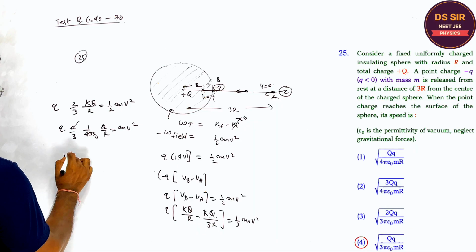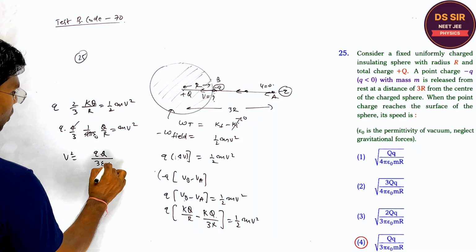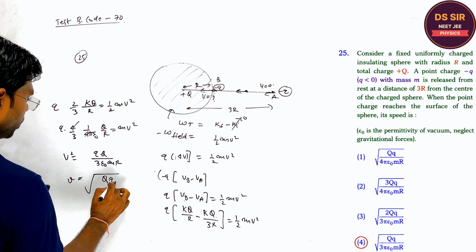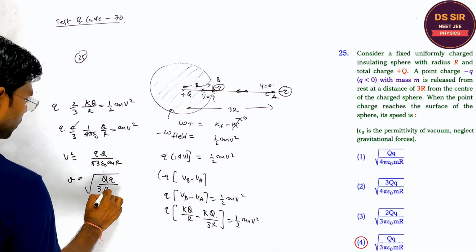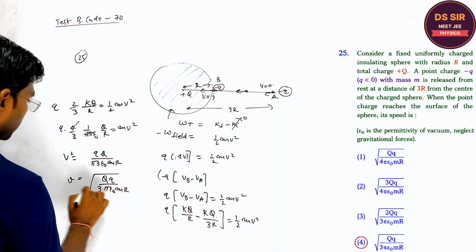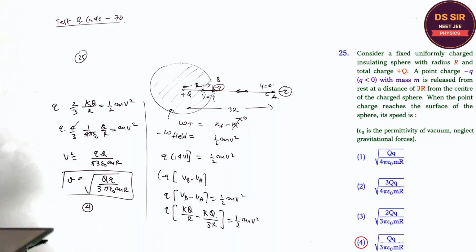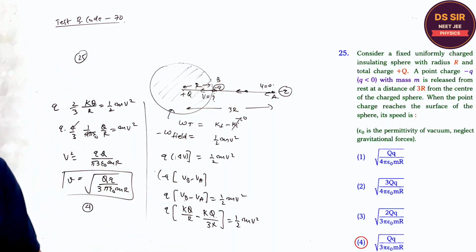The 4 will cancel out, so v square is what? Small q capital Q upon 3 epsilon naught m r. So the speed is the square root of Qq upon 3 pi epsilon naught m r. Which option is correct? The fourth option is the correct option. If you have done this correctly, write your comment.